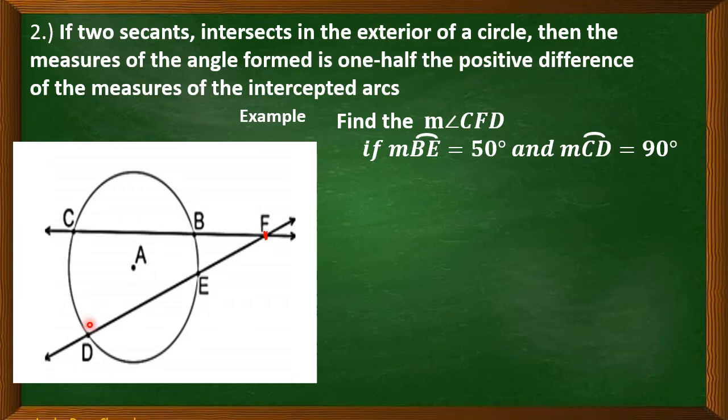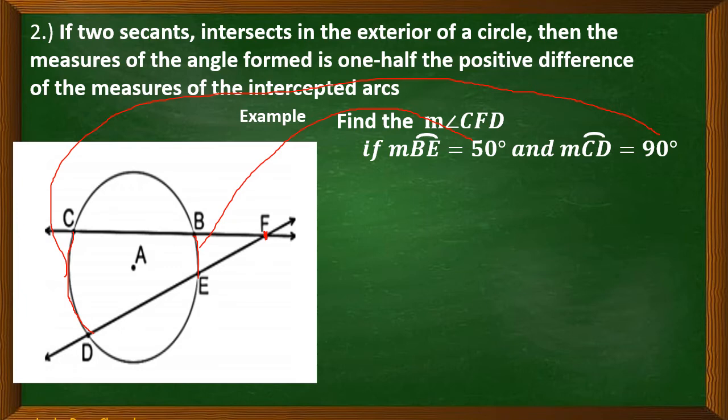Take note that the angle is formed outside the circle. Again, this arc BE has a measurement of 50 degrees, while this arc CD has a measurement of 90 degrees.